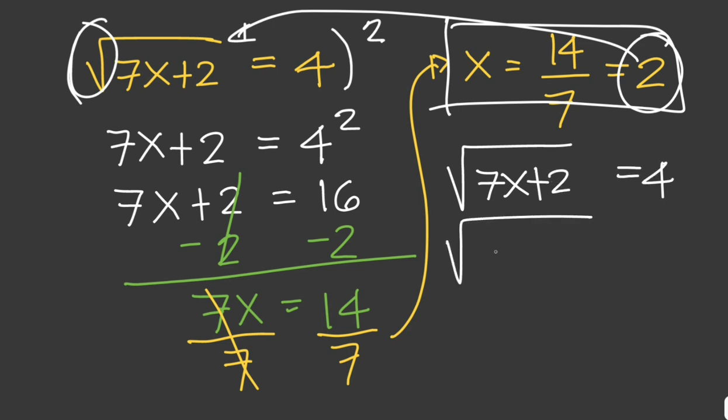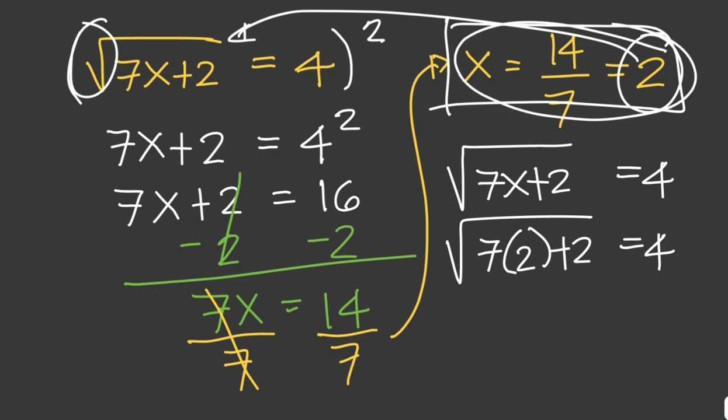Then we substitute 2 for x: square root of 7 times 2 plus 2 equals 4. We have to check if the right side of the equation is equal to the left side. If they are equal when plugging in the value of x that we just computed, then that value of x is a solution to the original problem.